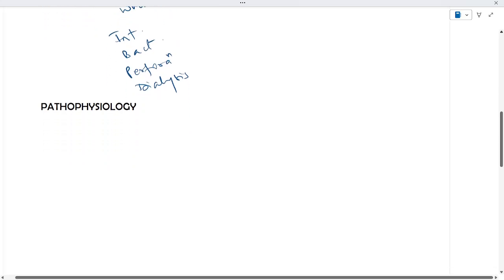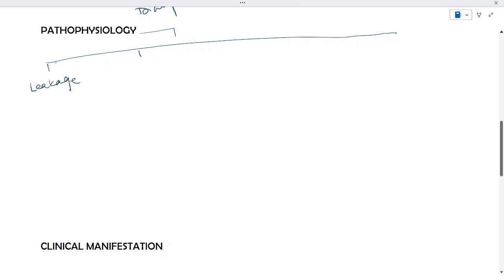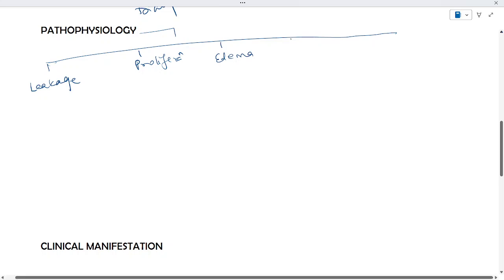If we see the pathophysiology, there are five main steps. First one, leakage. Second is proliferation. Third one, edema. Fourth one, invasion.